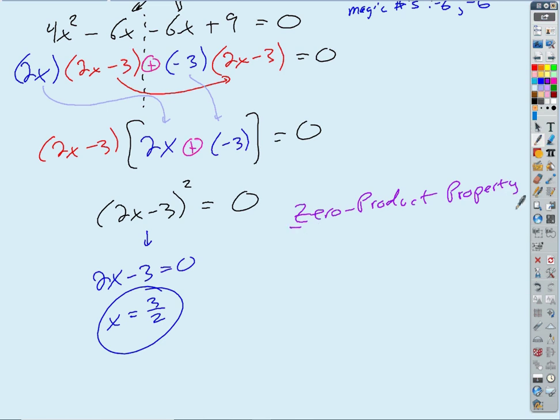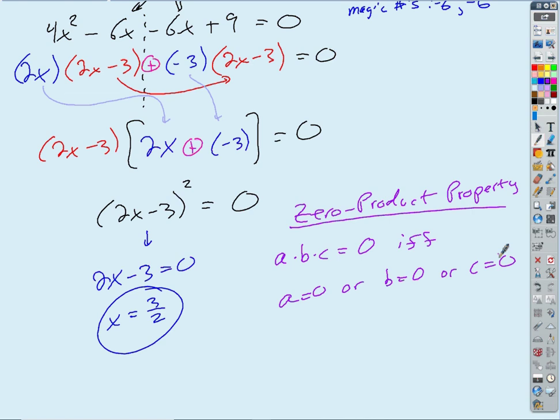The zero product property says that A times B times C can equal 0 if and only if A equals 0 or B equals 0 or C equals 0, right?